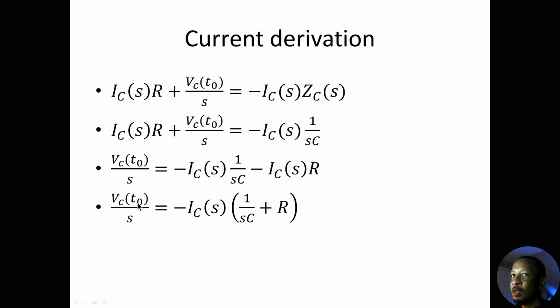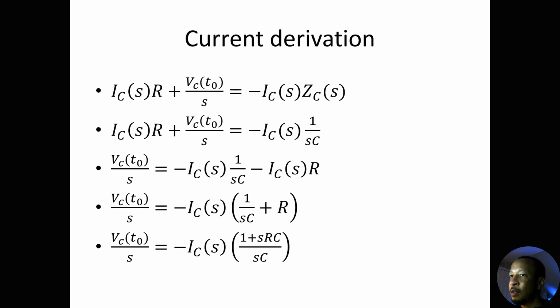Now I have VC of T sub 0 divided by S equals negative IC of S times 1 over SC plus R. Now I have VC of T sub 0 divided by S equals negative IC of S times 1 plus SRC divided by SC.